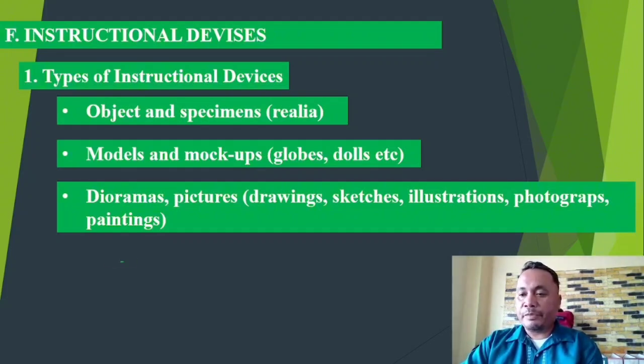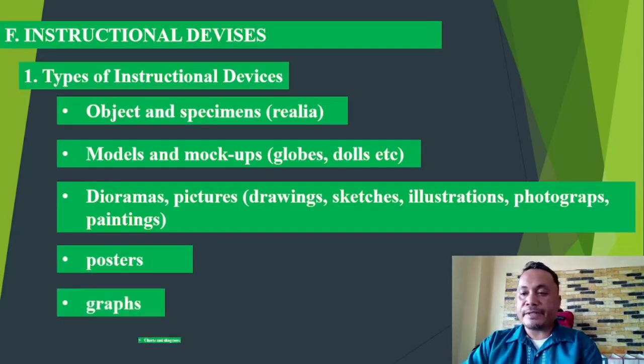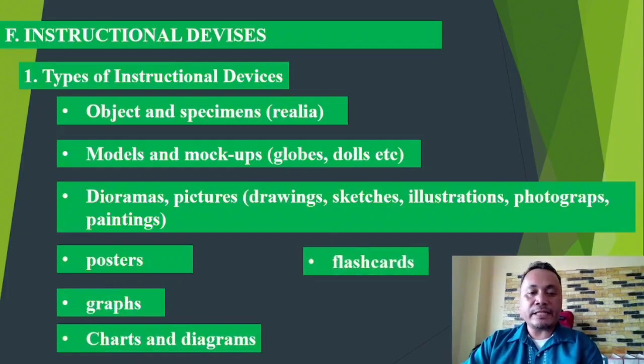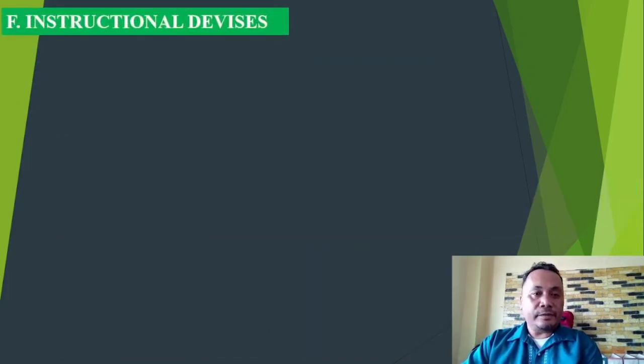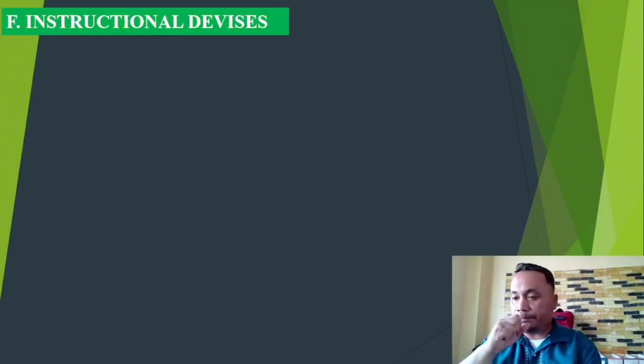Another one is the posters, graphs, charts, and diagrams. And then we have also flashcards, cartoons, and comic strips. Those are instructional devices that really help a lot in order for us to have an effective delivery of our lesson.